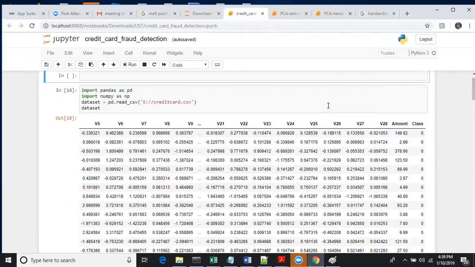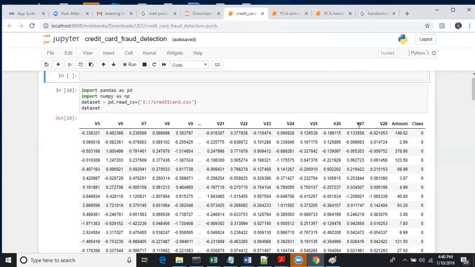You are there, Amit? Yes, I am here. So see, this is 28 columns. This is already transformed using PCA. If you apply PCA and after that you plot, it is provided a name.